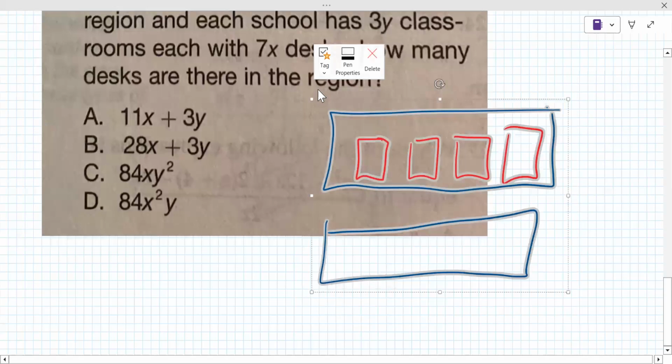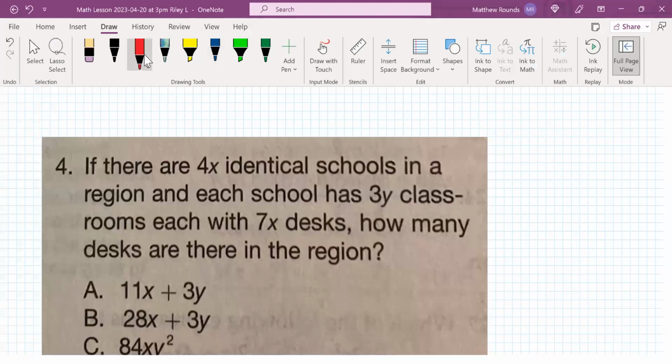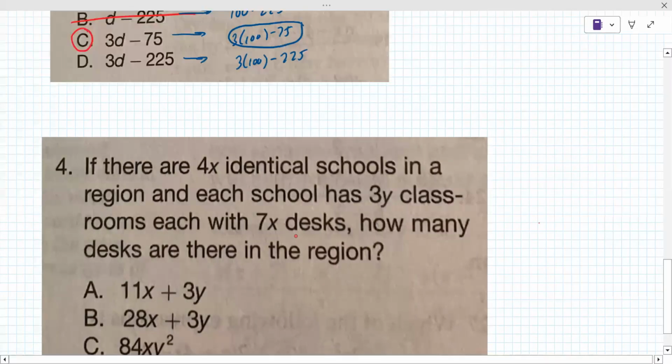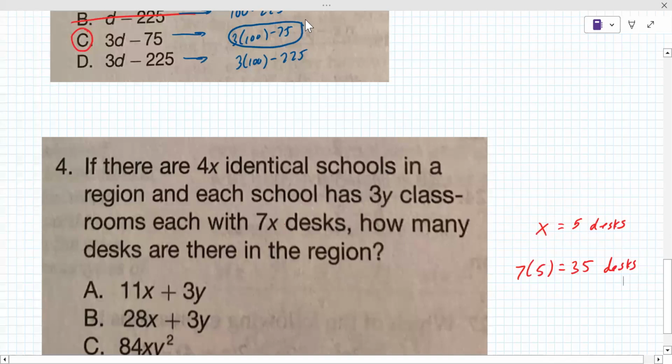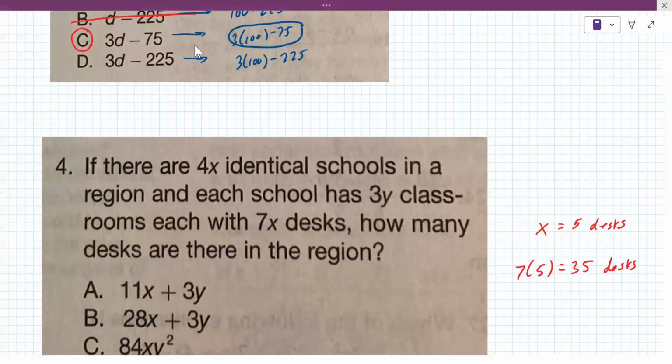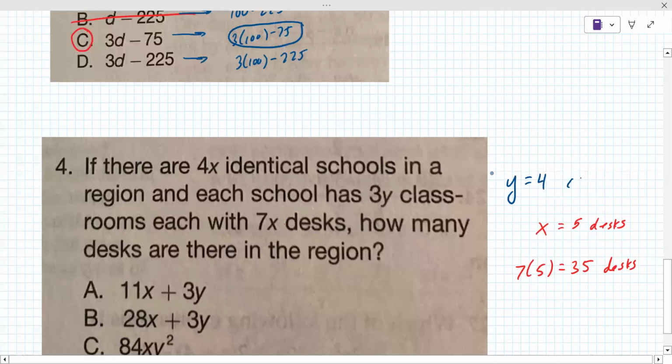Let's try it differently. We've got to be careful with numbers here. Let's say that each classroom has X equals 5 desks. Okay, so how many desks would be in each classroom? 7 times X. 35 desks. Now let's say a school has Y equals 4 classrooms.